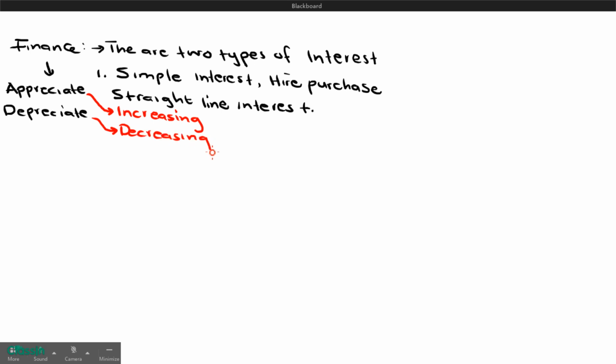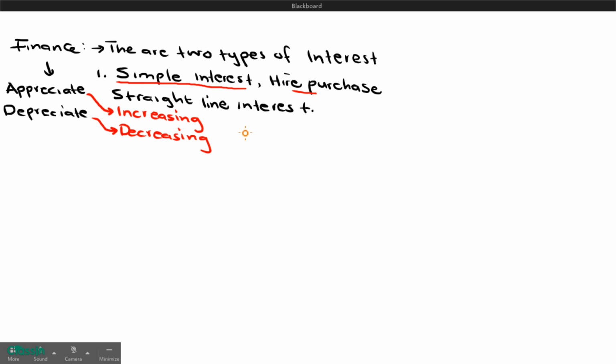So how do we differentiate this? Because now we need to know the formula that defines the simple interest or the hire purchase. So now, here it means that we are going to check, what do we mean by simple interest?